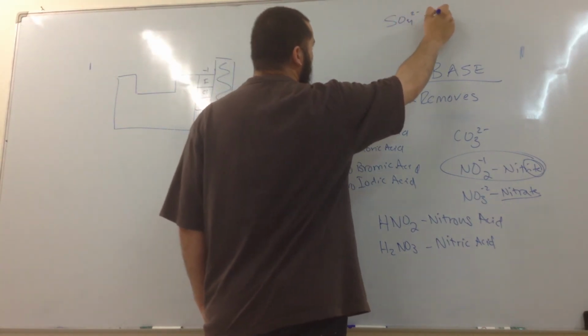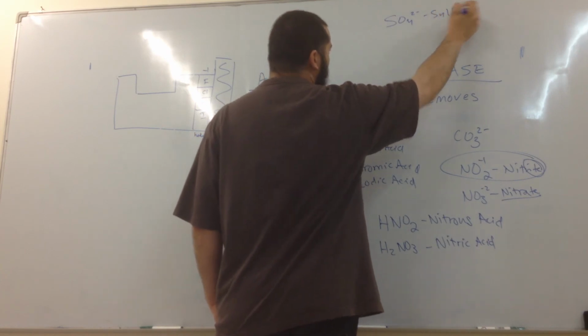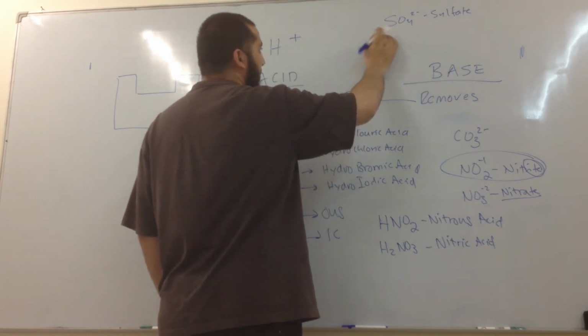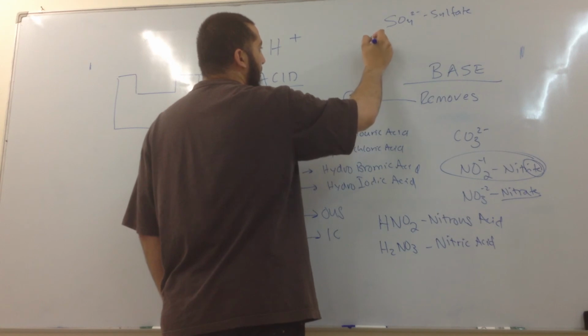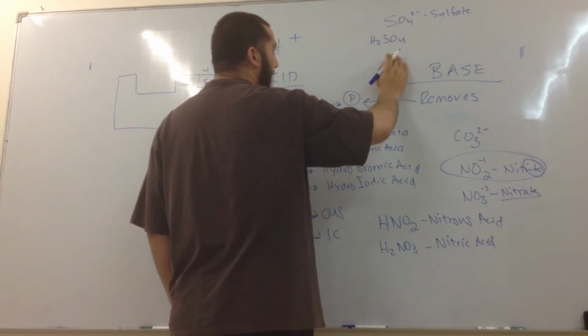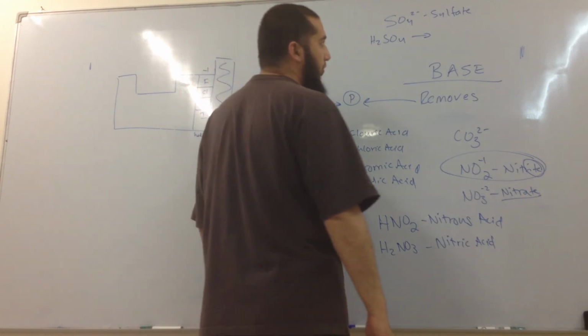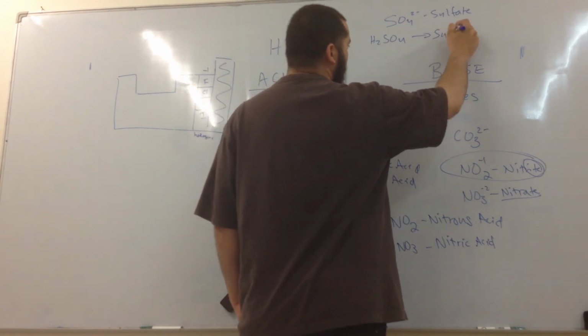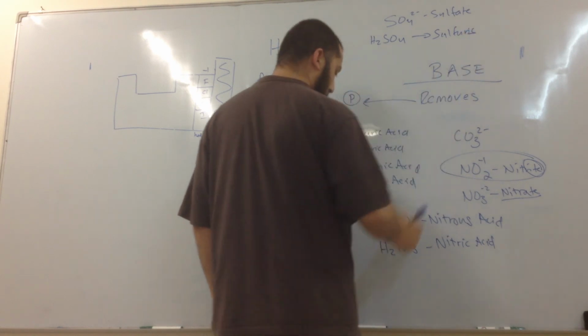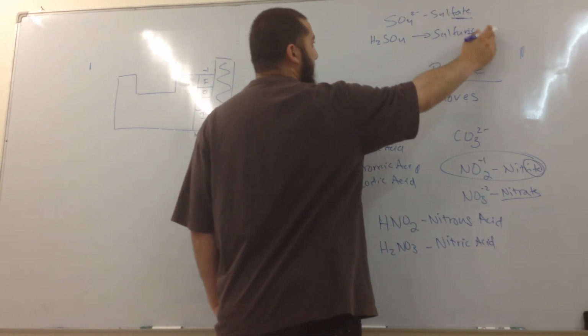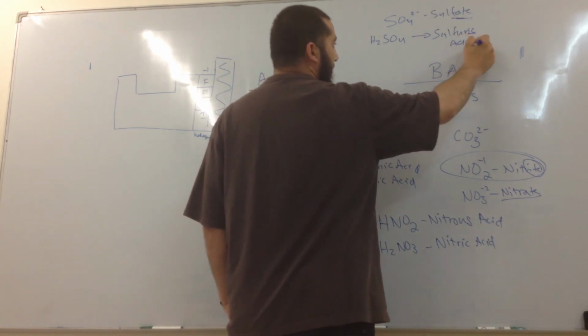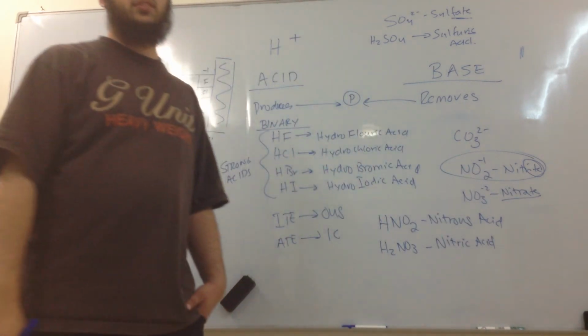This is sulfate. What would this be as an acid? First, tell me the molecular formula. H2SO4, right? And what would you call this? Sulfuric acid, because it ended with ATE. Okay. So that's the breakdown for acids.